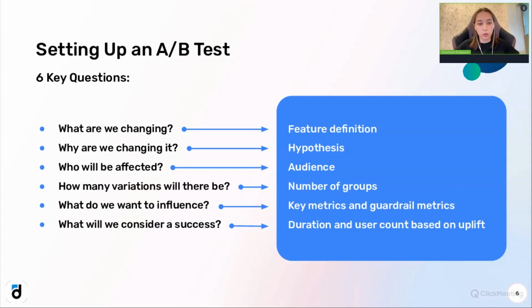Next, who's going to experience this change? Who will be our key segment? Will it affect every user, or are we focusing on a particular group? Once we have a clear picture, it's time to decide on the scope of variations, how many different versions we are going to test.